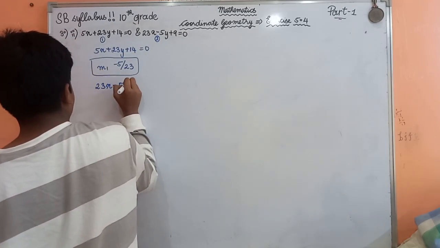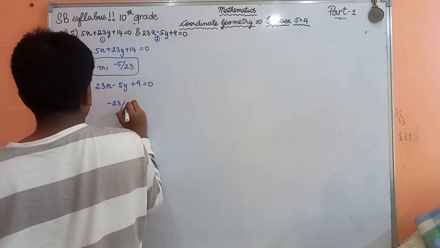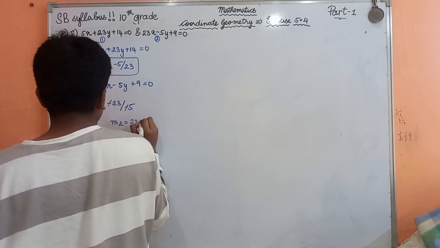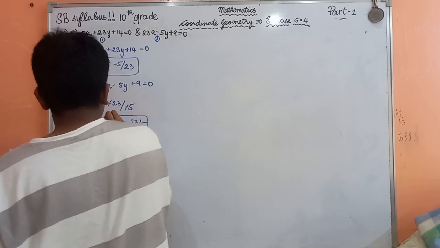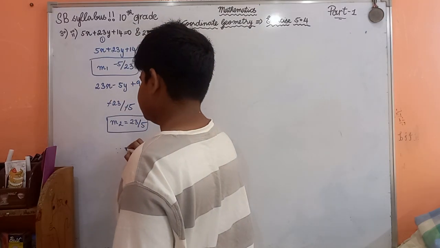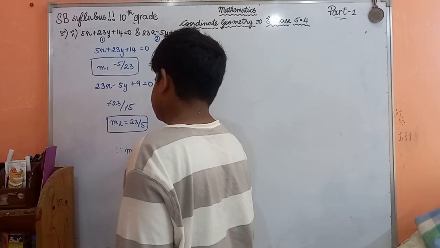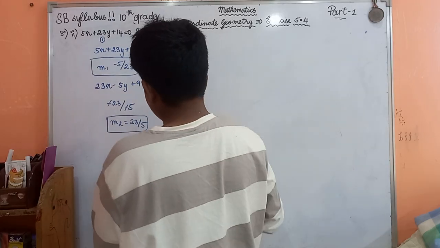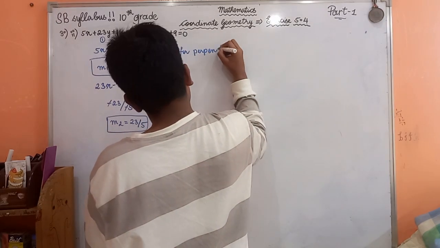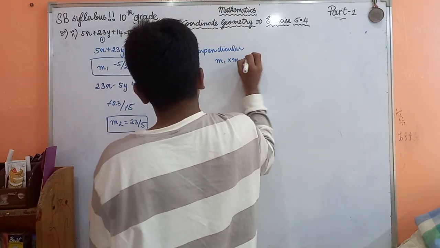For 23x - 5y + 9 = 0, the slope is minus 23 by minus 5, the minus signs cancel, so m2 is equal to 23/5. Are m1 and m2 equal? No. Since m1 is not equal to m2, we check for perpendicular: m1 into m2 should be minus 1.